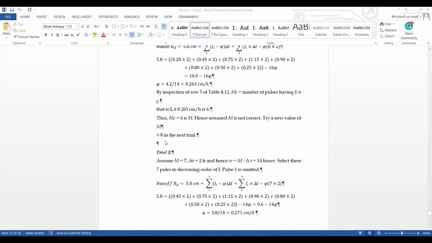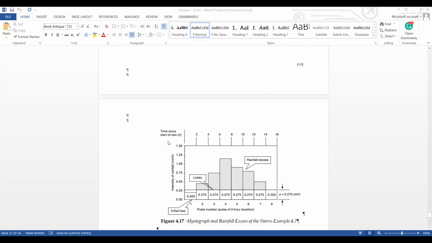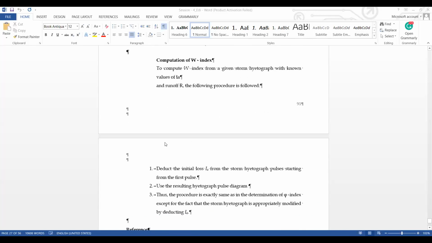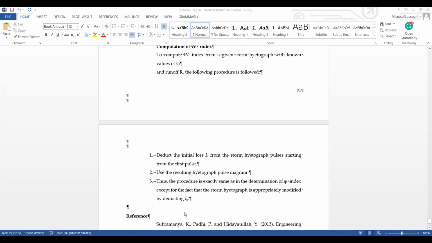Then after that, the rest of the calculation is quite similar to phi index. There's nothing much different, right? Use the resulting hydrograph pulse diagram. Thus, the procedure is exactly the same as in the determination of phi index, except that the storm hydrograph is appropriately modified by deducting IA.